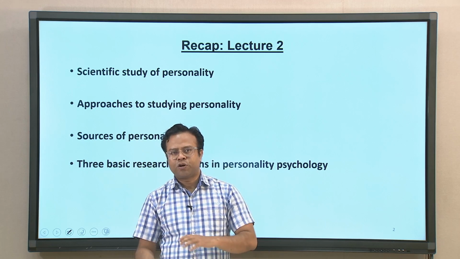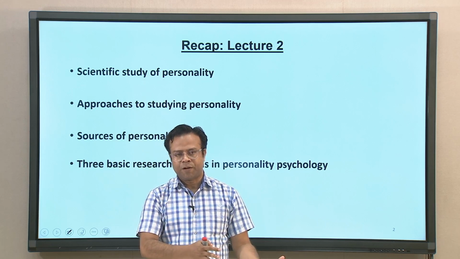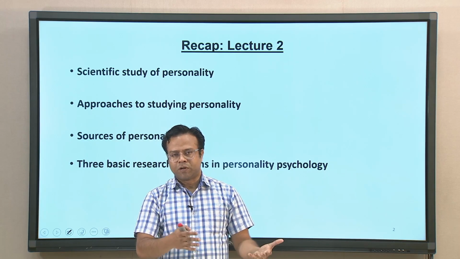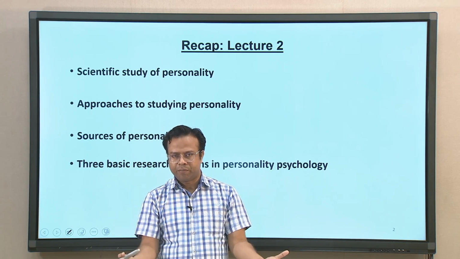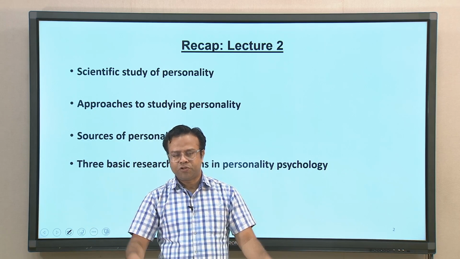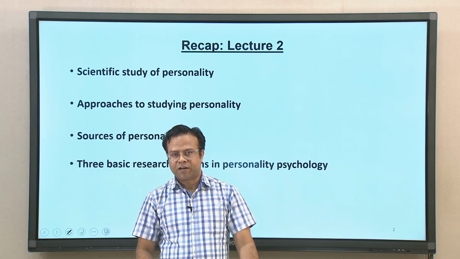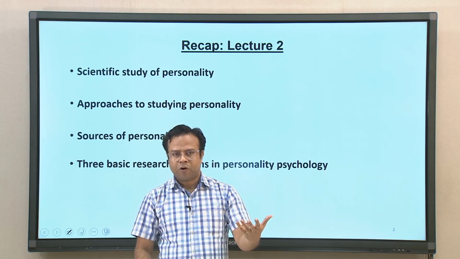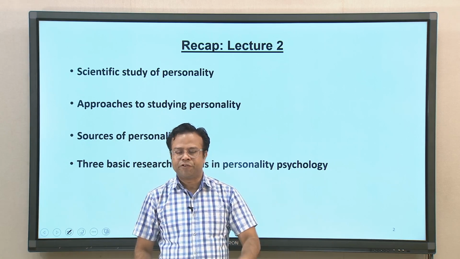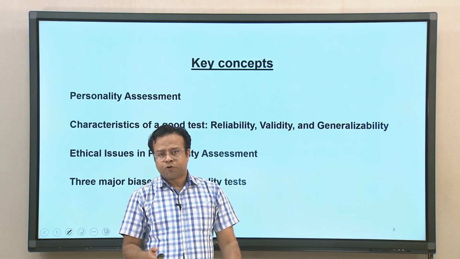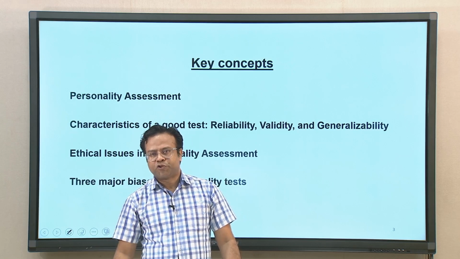We discussed the pros and cons of all these sources of data, and researchers generally use them based on whatever resources are available to them. Based on that, they use the different sources of data and different methodologies or research designs that are appropriate for particular research questions in the field of personality. So, today we will talk about personality assessment.